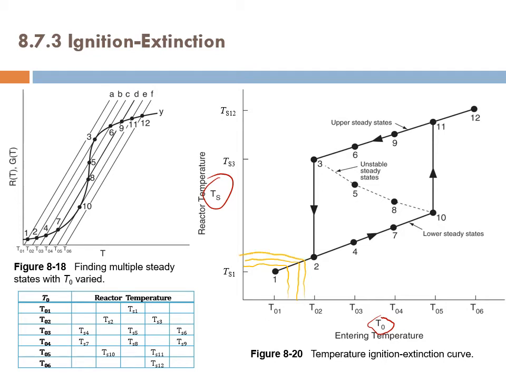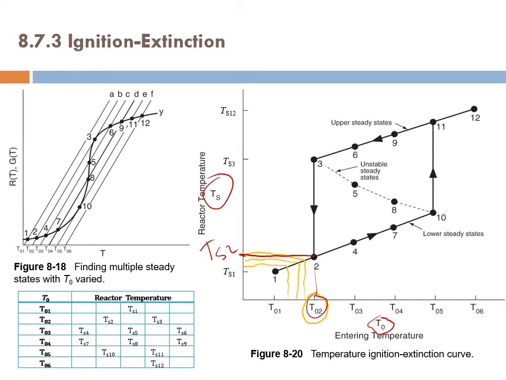Steady state is reached, okay, and until we reach T02. This is the feed temperature, T02. In this case, obviously we reach what is known as TS2.